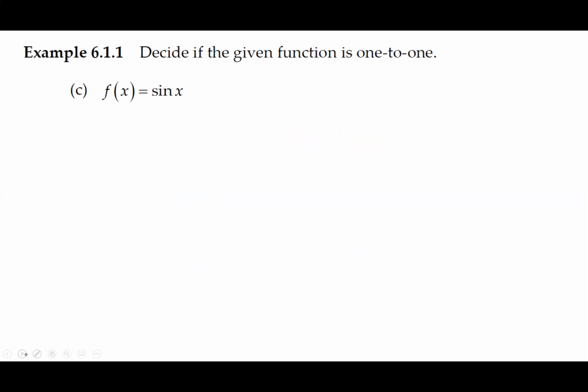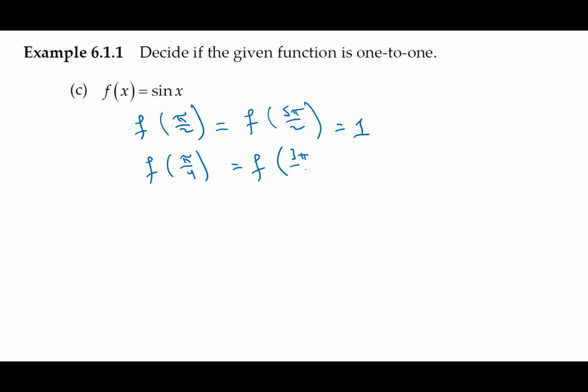I found two inputs that give me the same output. That violates the definition of 1 to 1-ness. How about sine x? Well, we could play the same game. f of pi halves is equal to 1, but that's the same as f of 5 pi halves, since I could go around the circle again. So it's not 1 to 1. Similarly, f of pi fourths, root 2 over 2, is equal to f of 3 pi fourths.